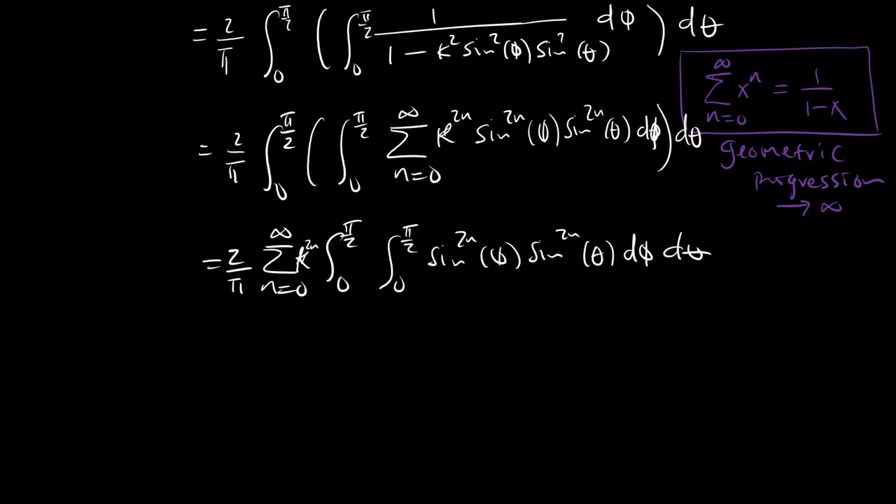Since phi and theta are independent from one another, we can separate these into the product of two separate integrals.